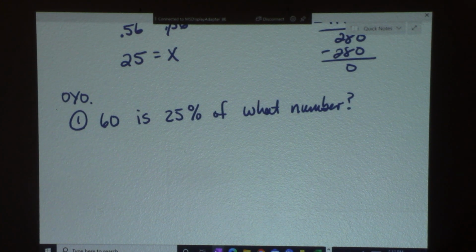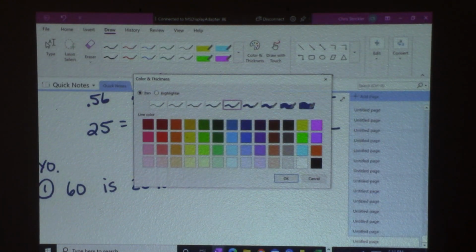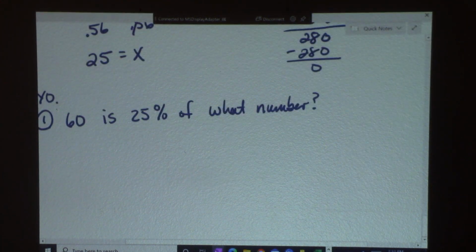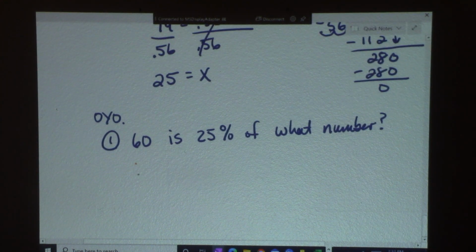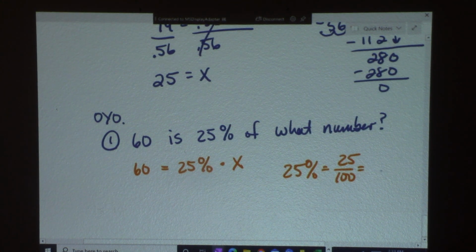All right, we're back. Let's do this. So 60 equals 25% times x. And I'm going to change 25% to 25 over 100, which is 0.25.